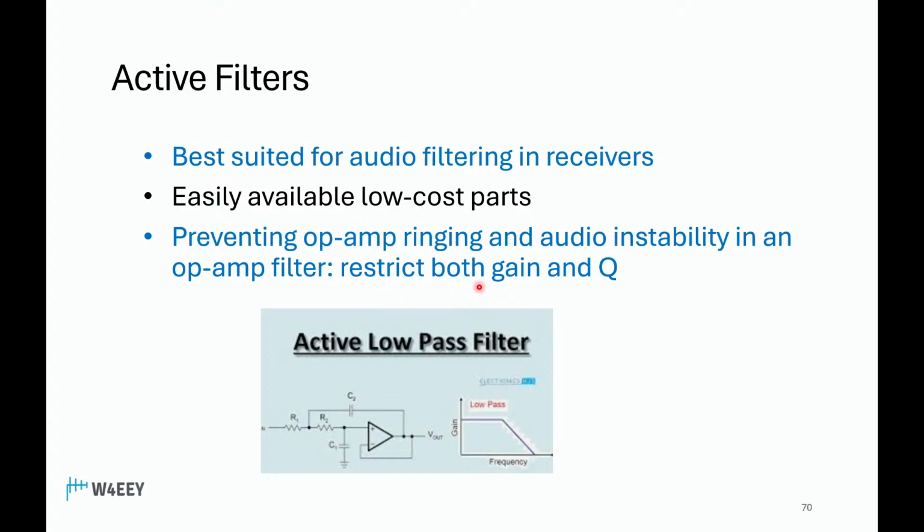So we'll restrict the gain. And if you restrict the Q, now Q, remember, that's the sharpness or selectivity of the feedback loop in an oscillator. And if that's extremely sharp, it's very easy for the filter to ring at that frequency. So if we can restrict both gain and Q, we can minimize op amp ringing.